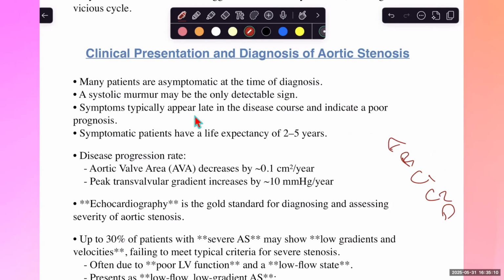So when I speak about AS, it appears late, and once it occurs, it's a poor prognosis. This is very characteristic of aortic stenosis: the symptoms occur very late, but once they occur, it means that life expectancy and prognosis are very low, and you need to run with the patient as fast as possible.